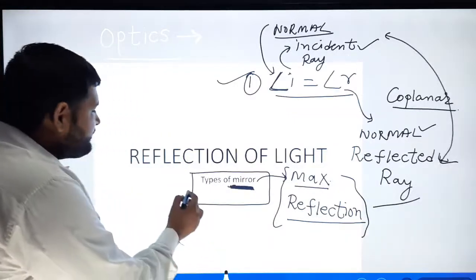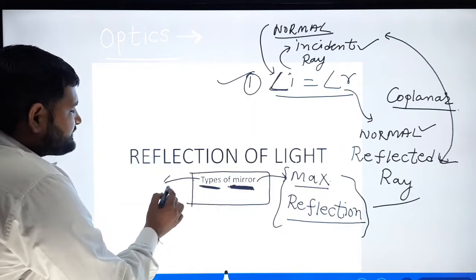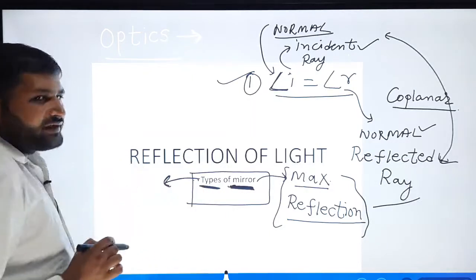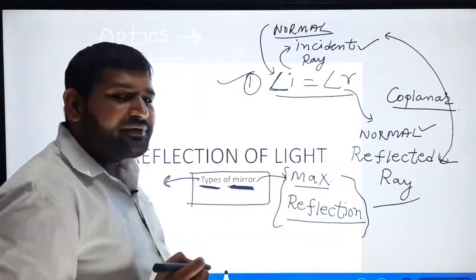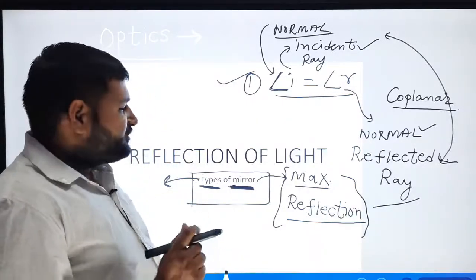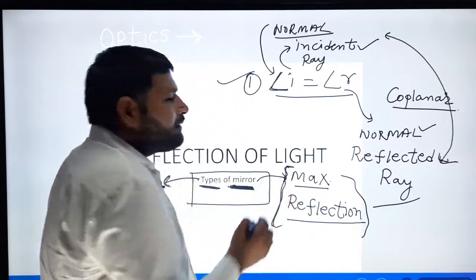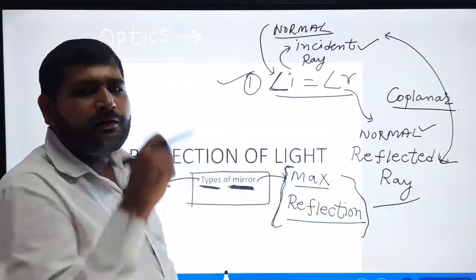So in this video we will study about the types of mirrors, the categories in which the mirrors can be classified. Okay, so what is mirror? Mirror is a smooth and shiny surface which has the capacity to reflect the maximum amount of light that is incident upon it.